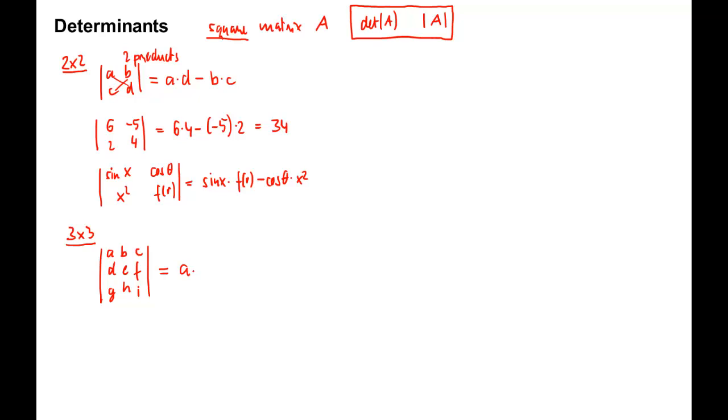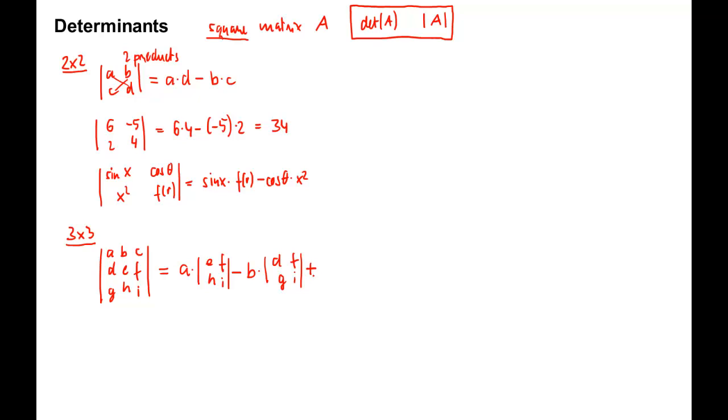So we get A times the determinant of E, F, H, I. Next, we repeat this by picking the next element in the top row, changing the sign, so negative B, and multiplying it again by the determinant of the remaining rows and columns in the lower two rows. So D, F, G, I.